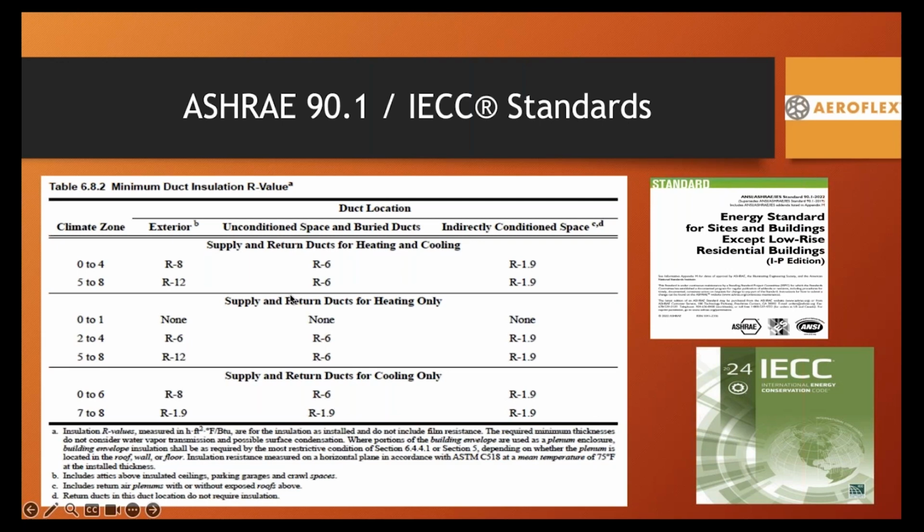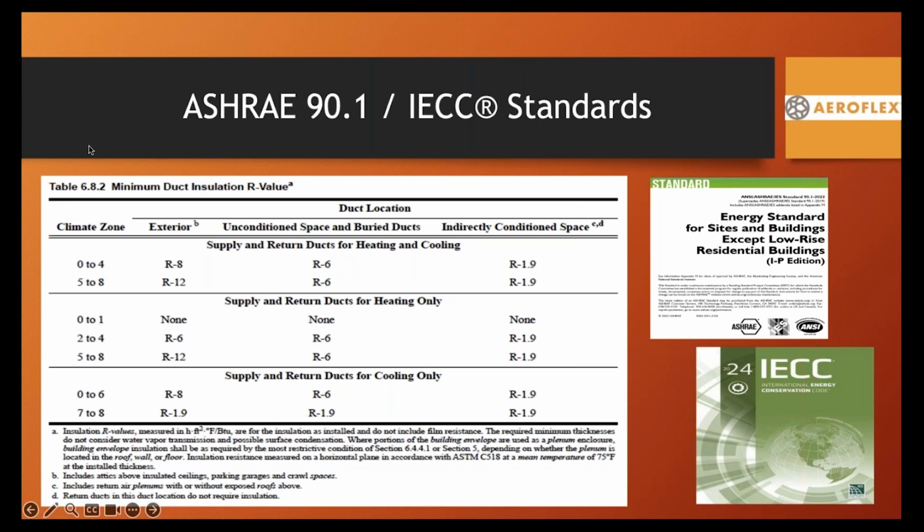In this chart, you'll notice at the very top, it does state minimum. I emphasize that because minimum may not be enough for some projects, depending on the ambient temperature, the relative humidity, and so forth. So that's something that engineers pay attention to and will adjust as necessary.